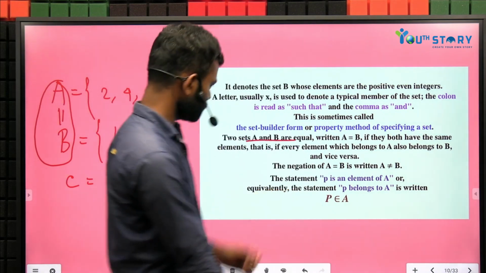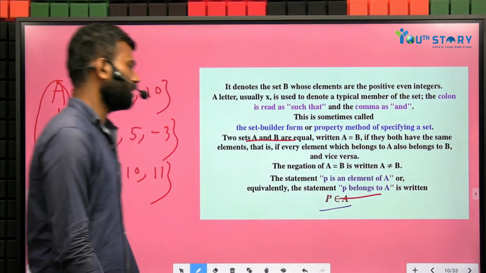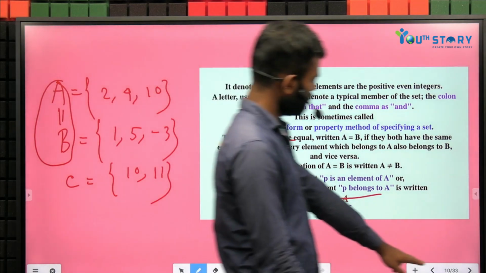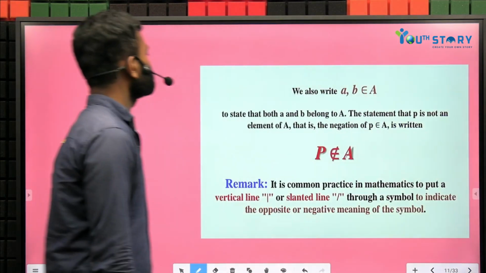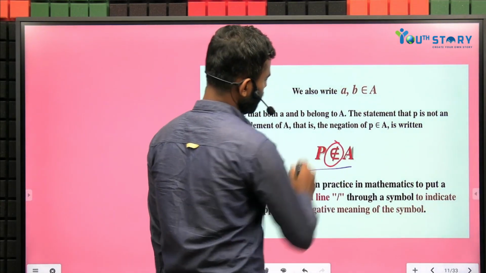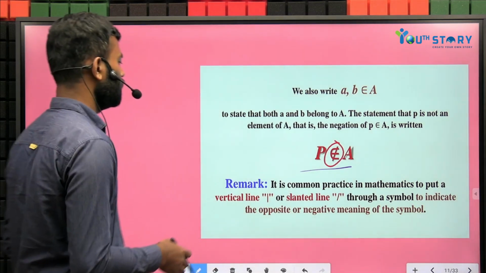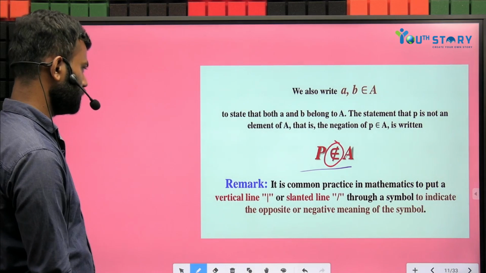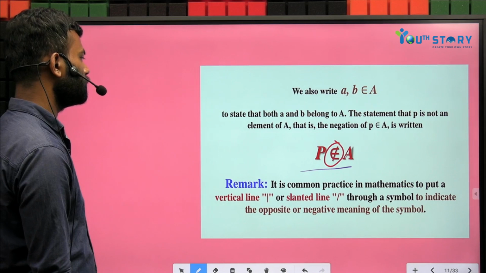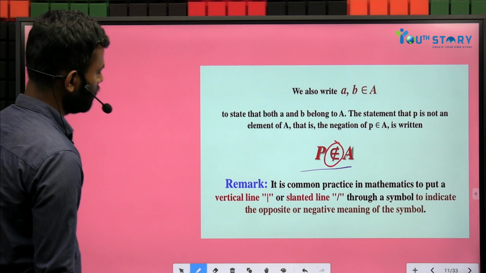Now this symbol means belongs to: a belongs to A, or a is an element of A, or a is a member of A. This negation, a doesn't belong to A, means a lies outside of A. Now we put a vertical line or slash through a symbol to indicate the opposite or negative meaning of the symbol.